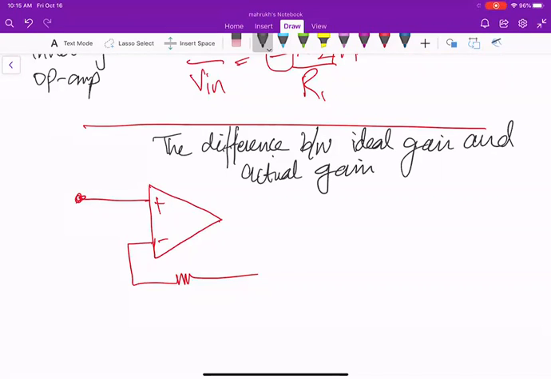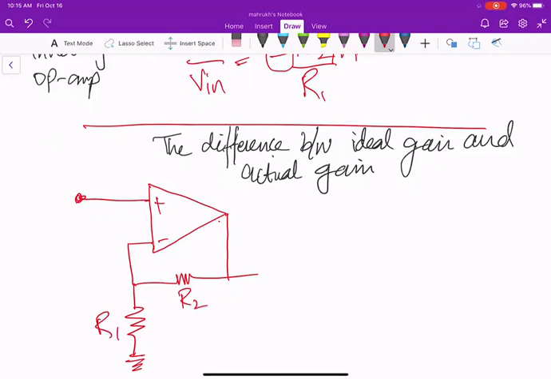Okay, so now I'm drawing the non-inverting op-amp again and we'll see what expression we get. So this was our R2, R1.